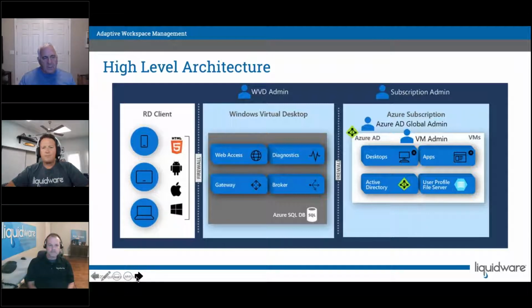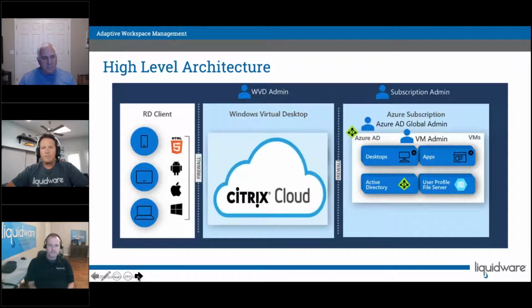So if I go a little bit further here, when we look at the other options you have, if you don't necessarily care for our control plane and you have a favorite control plane you like, which may be Citrix Cloud, that's fine. We can plug in the Citrix Cloud into the control plane. You would still control your assets in your subscription. And we would put the Citrix Receiver on the end clients. And if you notice, that little penguin showed up.